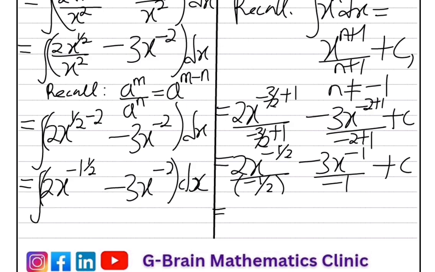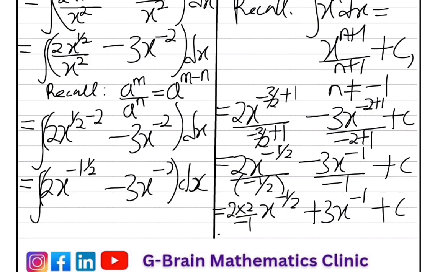So we now have this to be what? Since we are dividing by minus half, that is like 2 times 2 divided by minus 1, changing division to multiplication. Then x raised to the power of minus half. Minus times minus, that is plus. So plus 3x raised to the power of minus 1, then plus c.